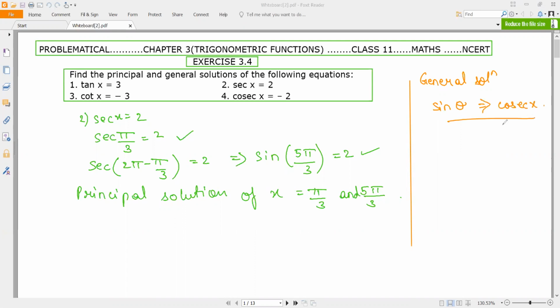That means we'll have the same general solution for these two, which would be x is equal to n pi plus minus 1 to the power n into y, where n belongs to Z.